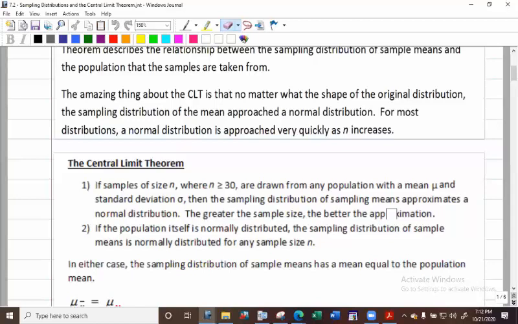What makes that interesting is that if you have a data set that is not normally distributed, you can still solve probability questions as long as your variable is x bar, not x. You can find, for example, the probability that a sample mean is greater than something or less than something.